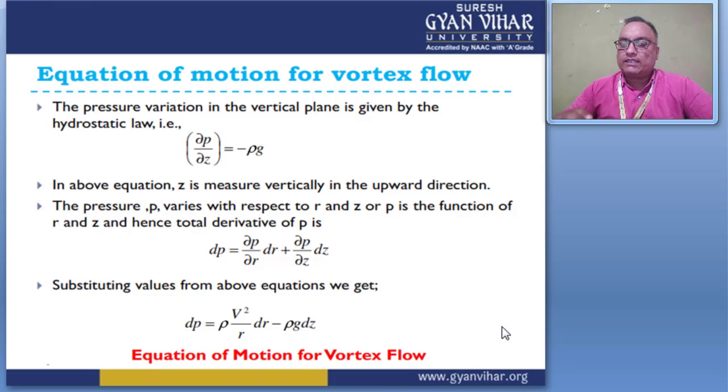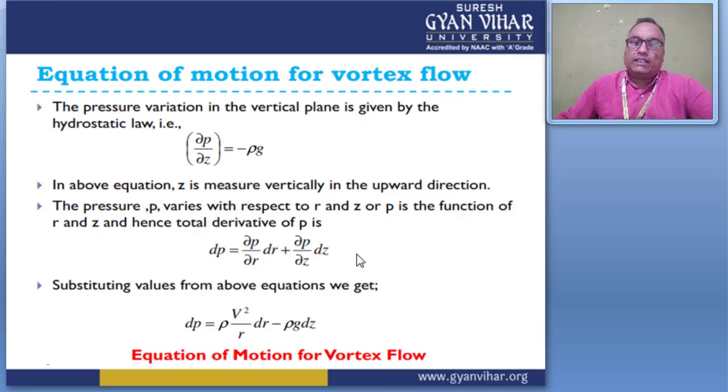P is a function of R and Z. Hence, the total derivative for this pressure P is dP equal to del P by del R into dr plus del P by del Z into dz.